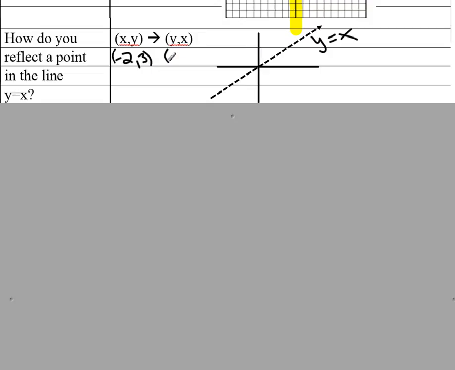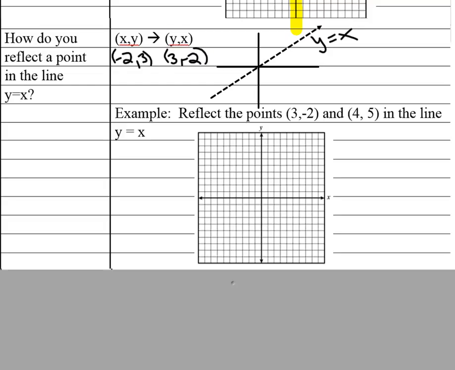So x, y would become y, x, or -2, 3 would become 3, -2. Okay, so let's see this in an example. We're going to reflect the points 3, -2. So 1, 2, 3, down 2, and the point 4, 5 in the line y equals x.